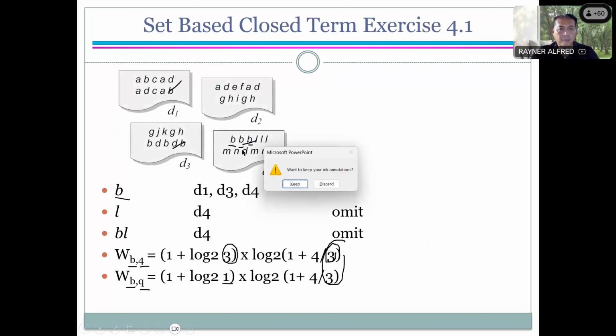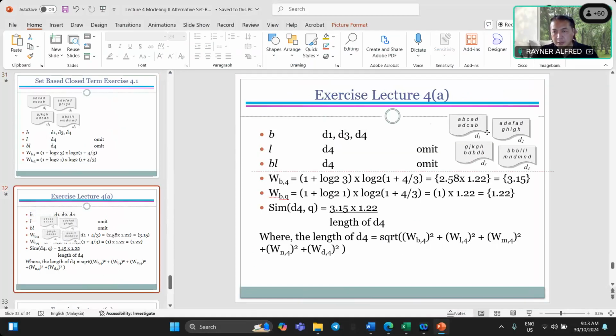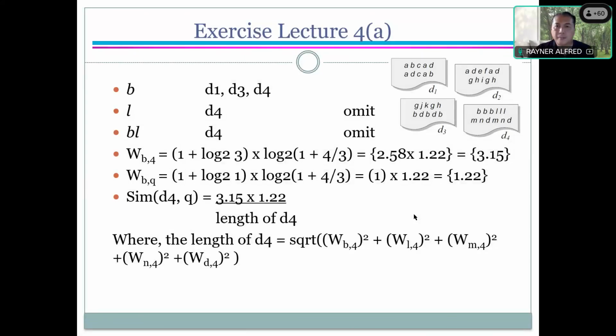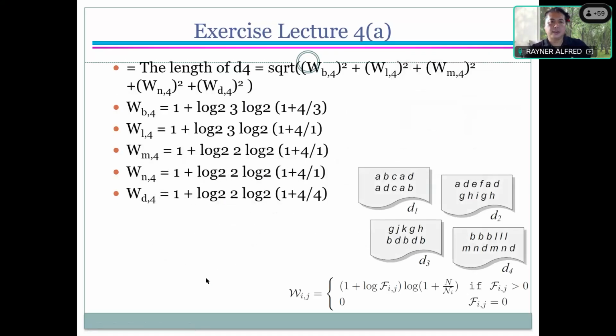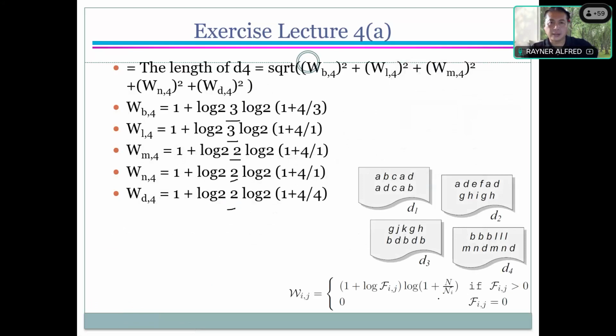Yes, we do have M. So the length of D4 will be B, because we have B, L, M, N, and D. But we need to compute the weightage of B, L, M, N, and D. So this is the weightage of B, L, M, N, and D. This one is the number of occurrences of the term sets B, L, M, and D. So once we get the length of D4, then we put that back here.